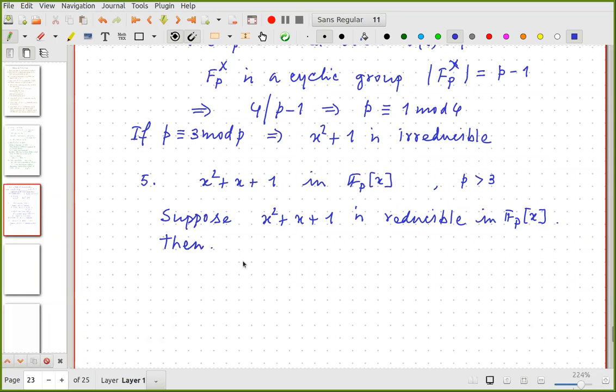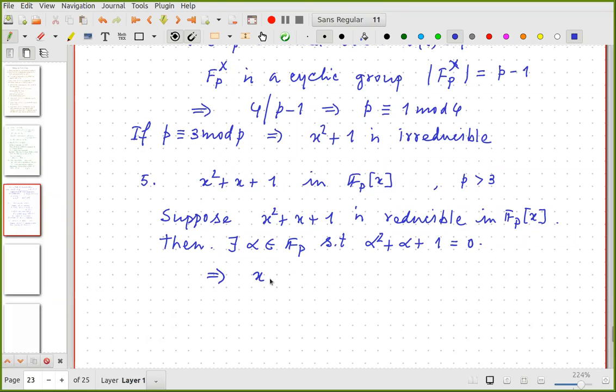Then, again the same argument, since it's a quadratic it has to have a root, so there exists alpha in Fp such that alpha square plus alpha plus 1 is 0.